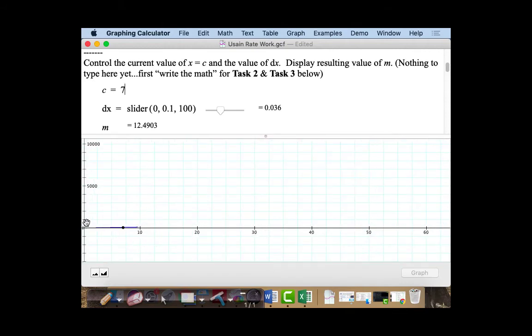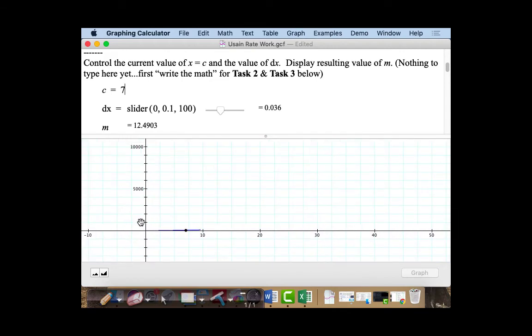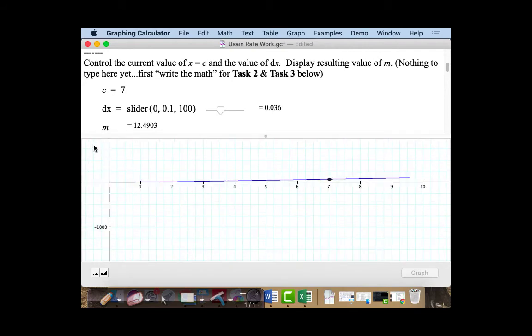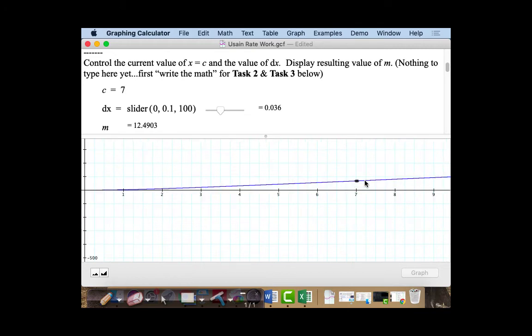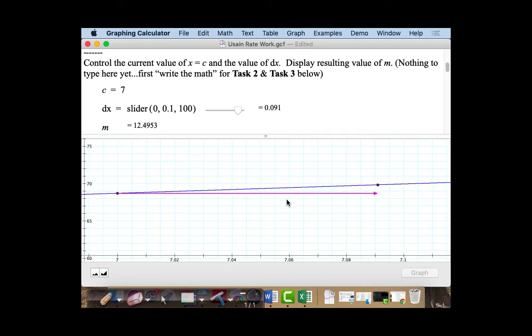There we go. Shift click. So it's nice that you can zoom in and see, oh, it's sliding. And so you can see larger, smaller, and compare the dx values and the dy values and see that it makes a difference where you're at.